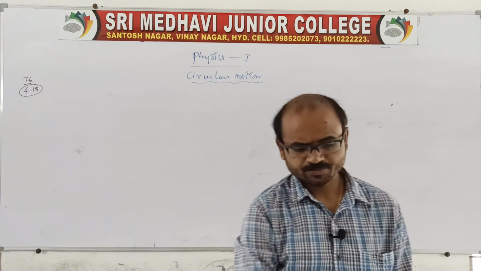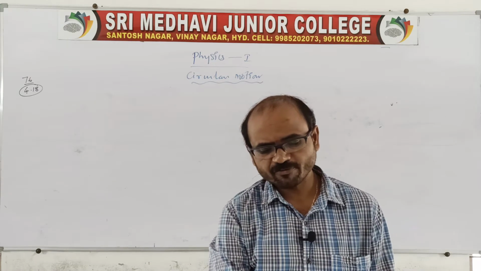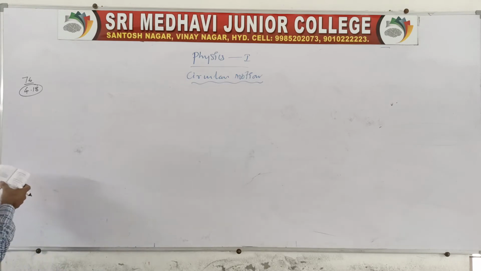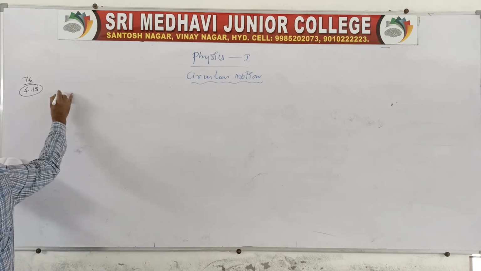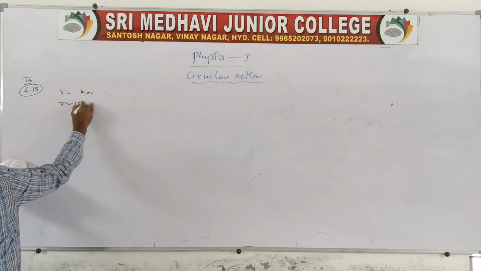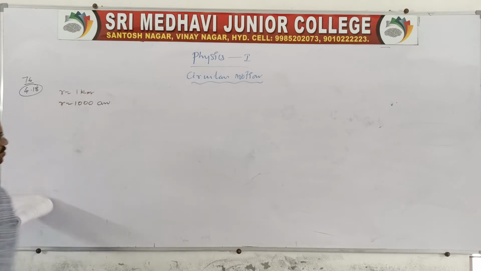I'll read the question again. An aircraft executes a horizontal loop of radius 1 kilometer. Take that in meters, so 1000 meters, because kilometer is a practical unit.